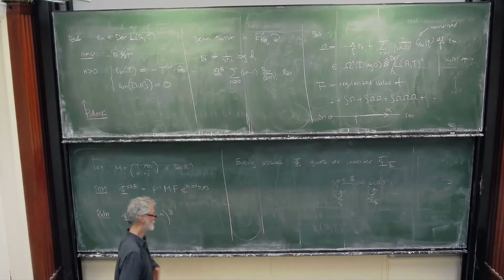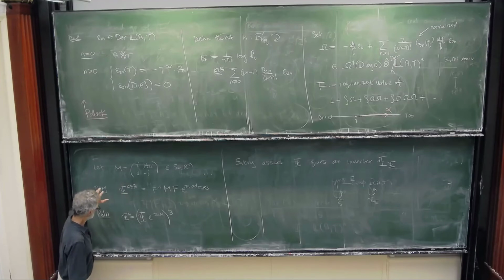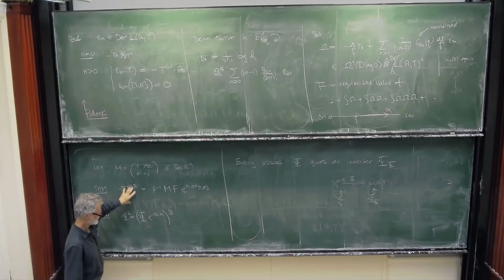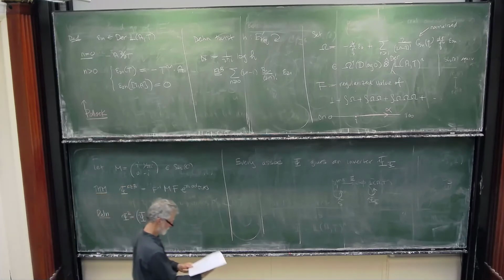And the KZB inverter has all sorts of properties. And maybe at the very end I'm going to make one remark about how it relates to Benjamin's work. But I think we're getting kind of close to it. Okay, maybe I should, all right.